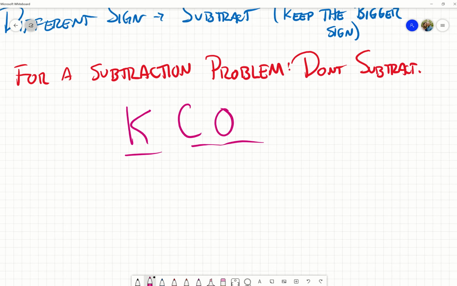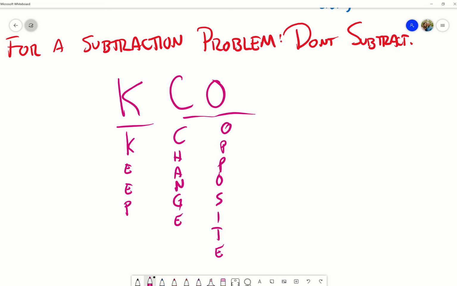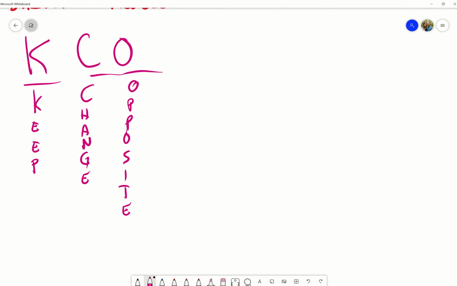And cuckoo means keep, change, opposite. Keep, change, opposite. And that is the way that we want to solve a subtraction problem.